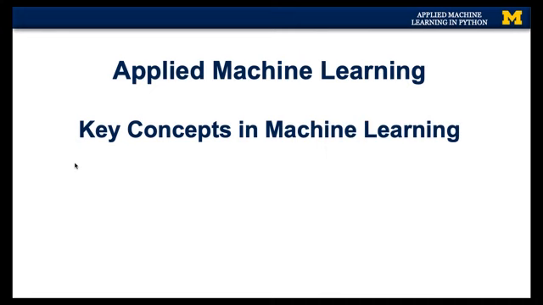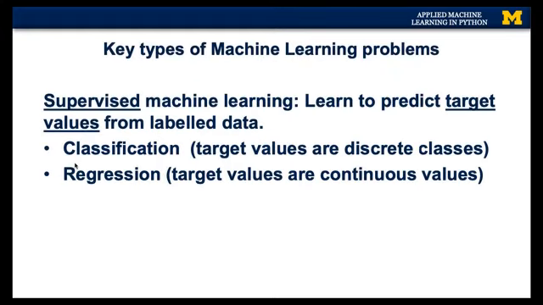Now let's try to understand some key concepts in machine learning. There are key types of machine learning problems. There are two different types. One is supervised machine learning. These algorithms learn to predict target values from labeled data.